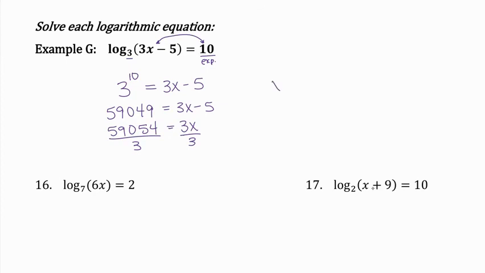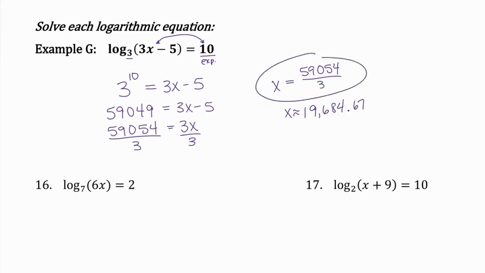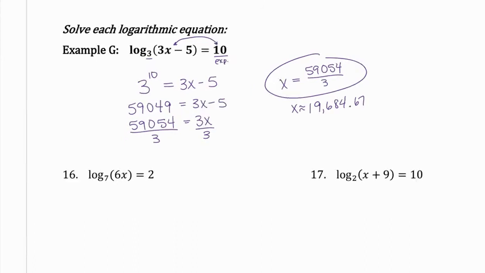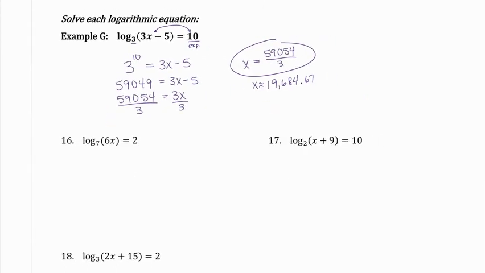So I could say that our x just equals 59,054 over 3. Or if you wanted to round it, x is approximately 19,684.67, right? But leaving it in a fraction is totally fine if it doesn't divide, right? Okay, so same thing on the next few, put it in exponential form and then solve for your x.